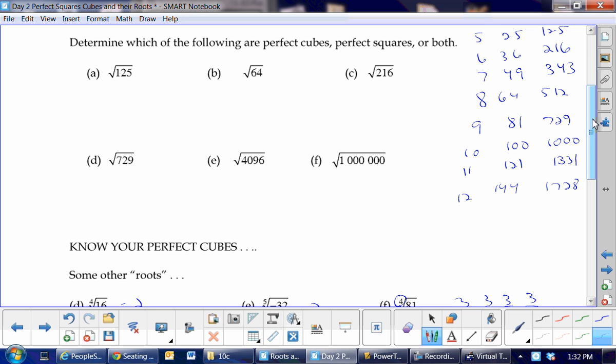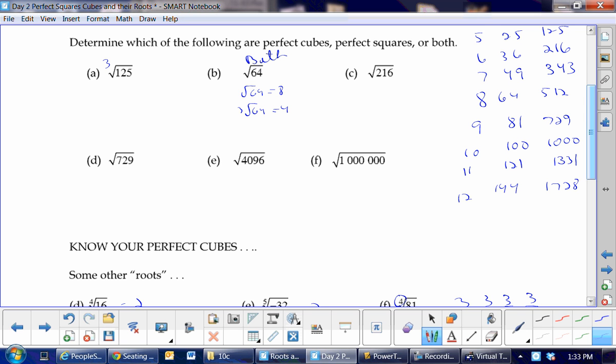So this is a perfect cube. How about 64? Okay, so the square root of 64 is, the cube root of 64 is, so this is both. Could be a perfect cube or a perfect square.